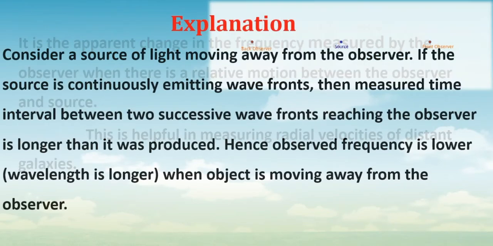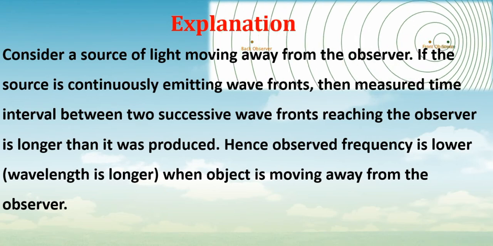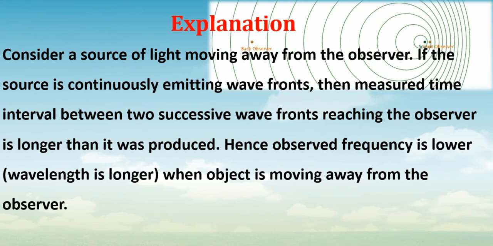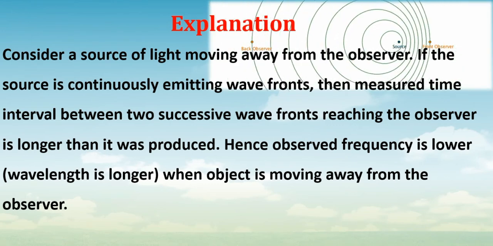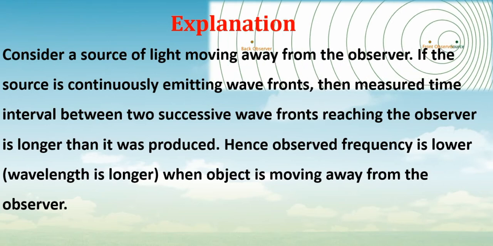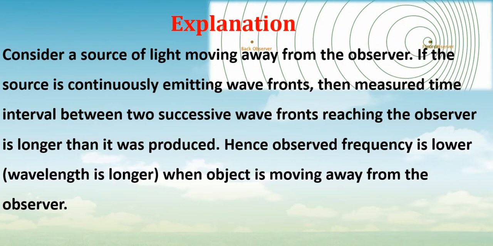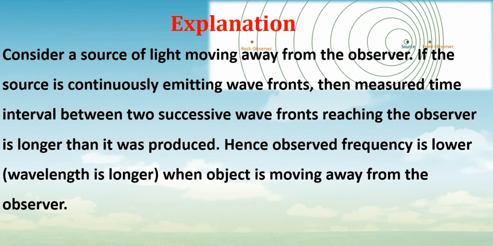Now let us see the explanation for this Doppler effect. To explain it, we need to consider one source. There is a source which is moving in the direction of the front observer. Also there is a back observer.